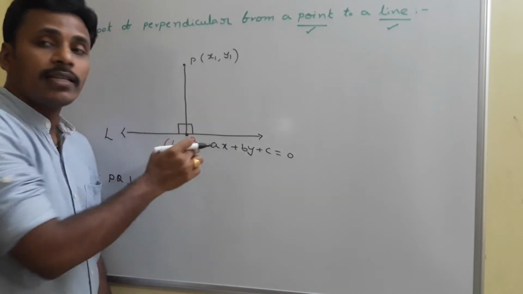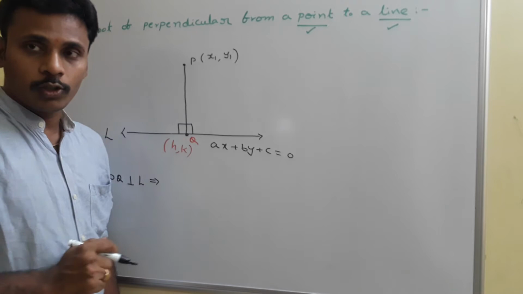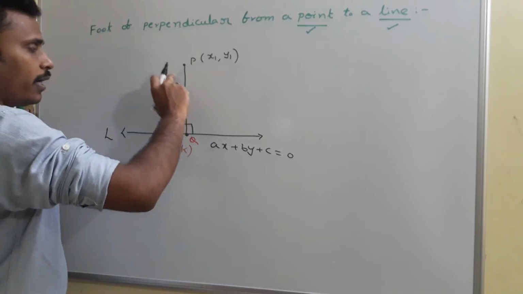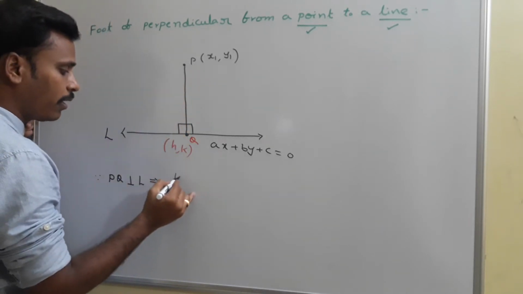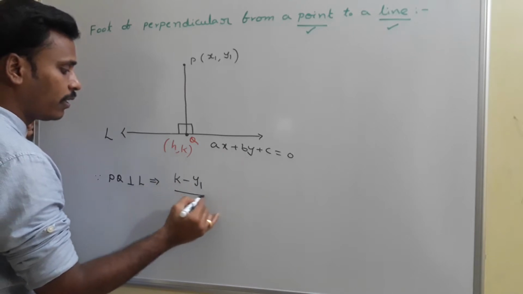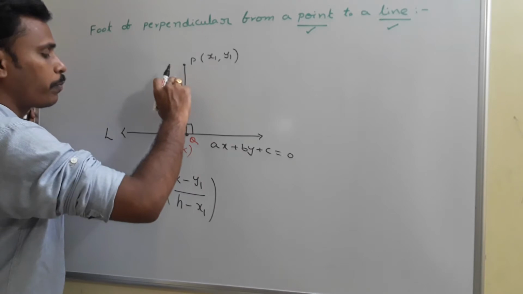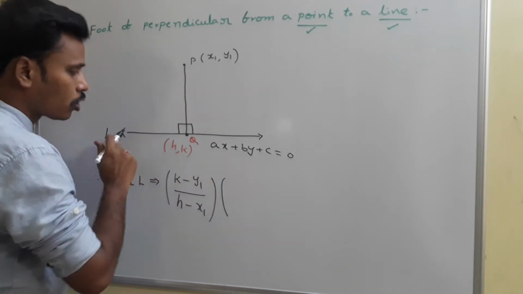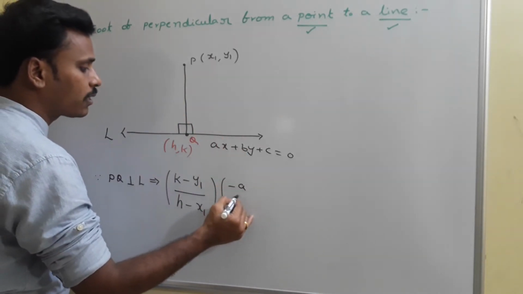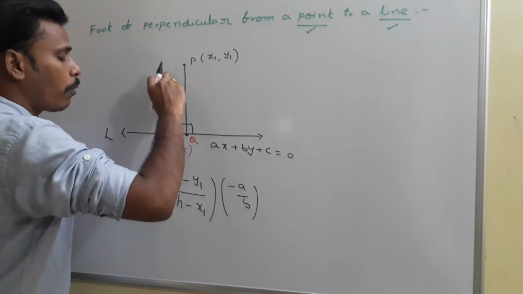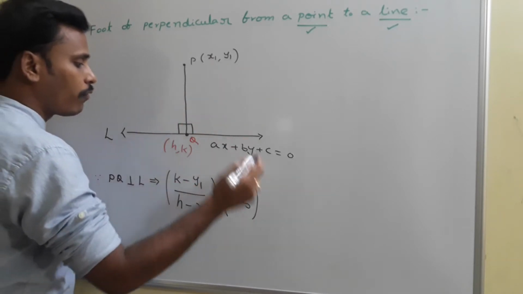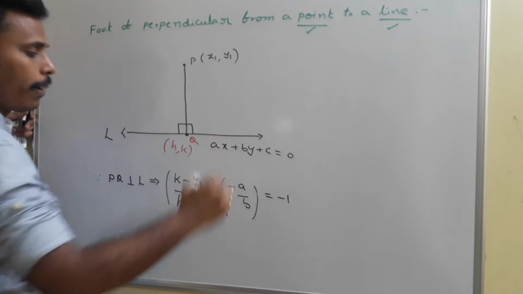Since these two lines are perpendicular, the product of their slopes is minus 1. The slope of the perpendicular is (k - y1)/(h - x1), and the slope of this line is -a/b. Slope of this perpendicular times slope of this line is equal to minus 1.